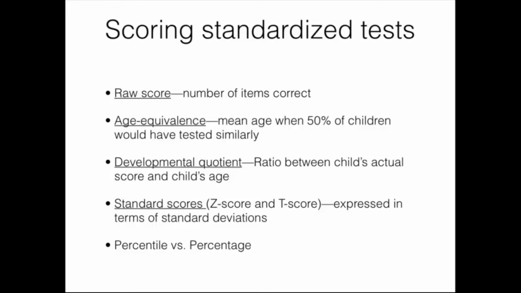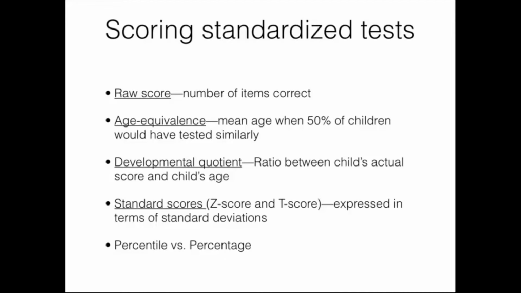Norm reference tests oftentimes will give us a percentile. Because those tests are normed on large groups of children, when we give the child the test, we get a score, and we're able to find out what percentile that child falls in. So for example, we may give a child an assessment and find out that their score is in the 15th percentile.